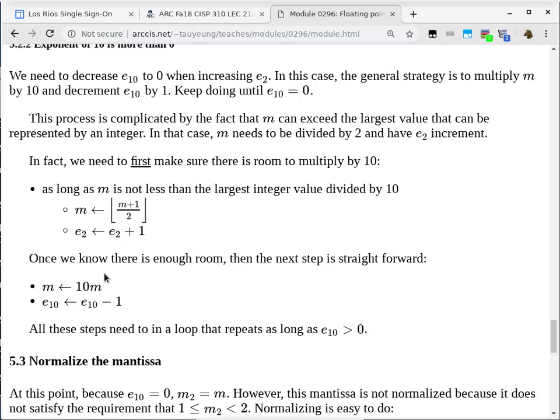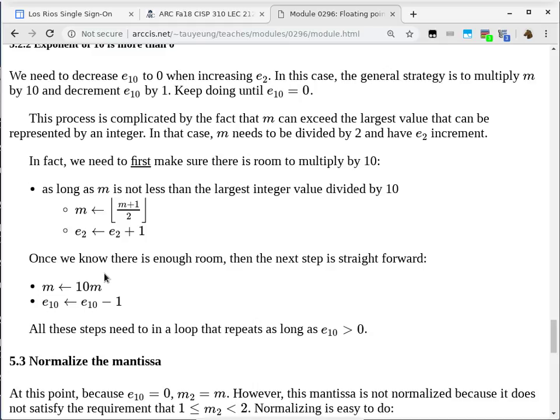So when you look at the strategy here, the first thing we do is, as long as M, which is the mantissa, is not less than the largest integer value divided by 10, then we can keep doing this. In other words, we just have to make sure that the next multiplication does not bump it over. Okay?